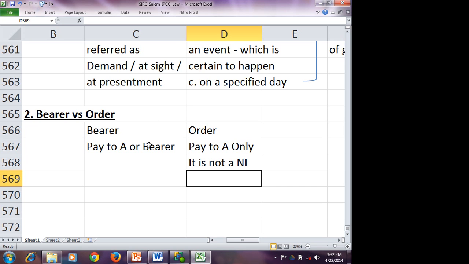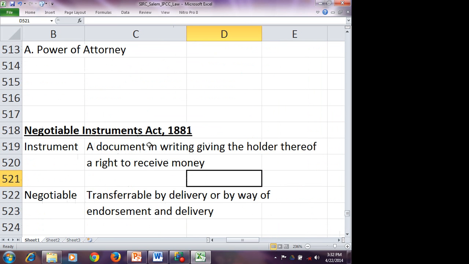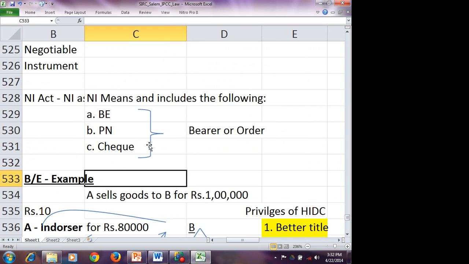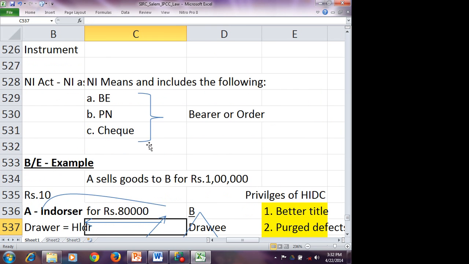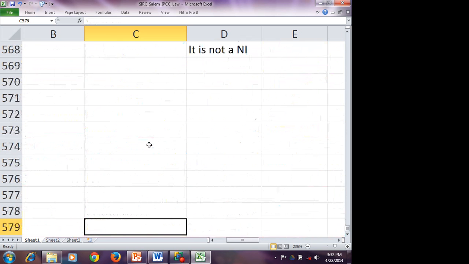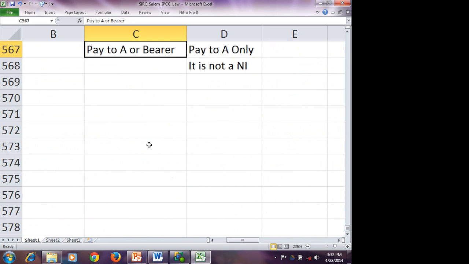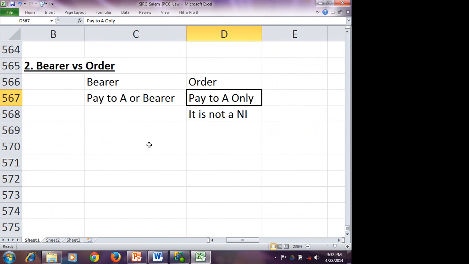So therefore, necessarily, recall your definition. What is a negotiable instrument? Instrument means it includes the following: bill of exchange, promise or check payable to the bearer or order. Not a negotiable instrument at all here.